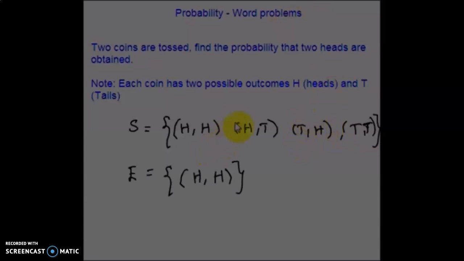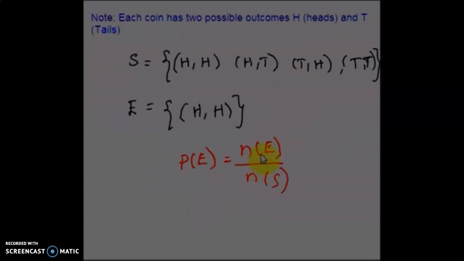The first one, HH, means there is a head on the first coin and a head on the second coin. So the probability of that event is n(E) over n(S), which is 1 over 4. Because the HH pair appears one time, and the total number of outcomes is 4, it will be 1 over 4.